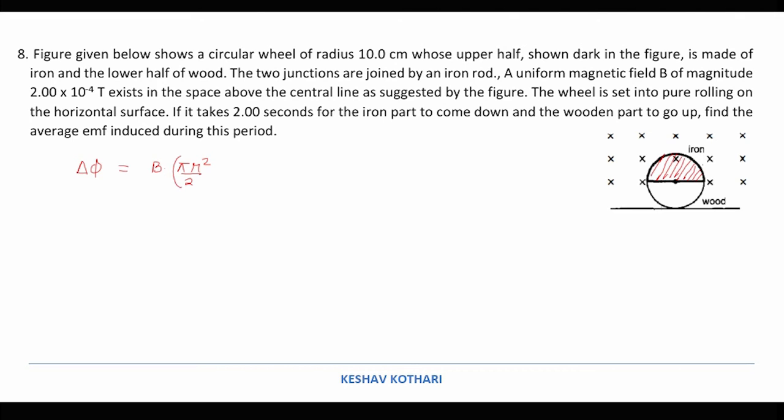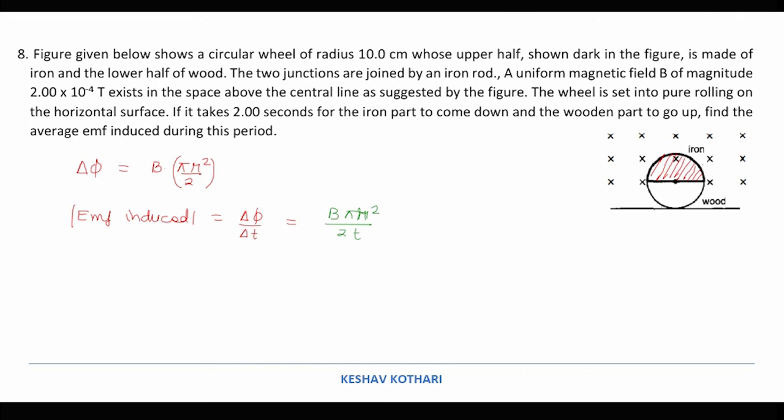So this is going to be the change in flux, and the magnitude of EMF induced can be written as d phi by dt. So we can put this value in as B into pi r square by 2t.